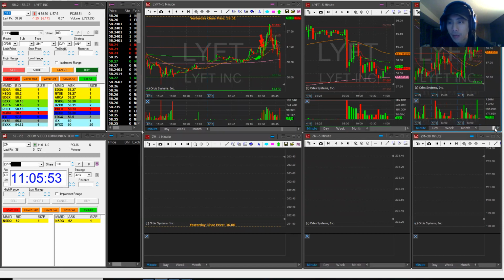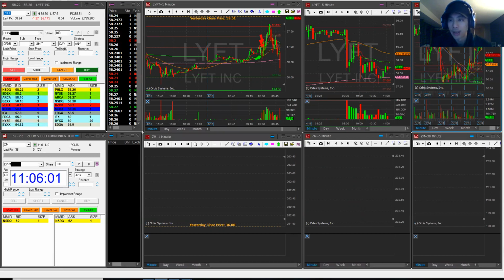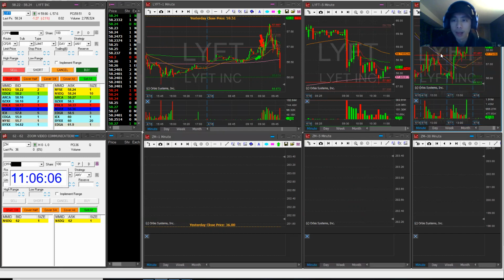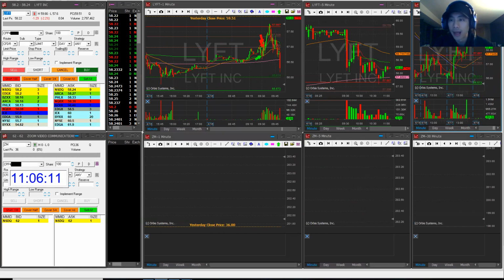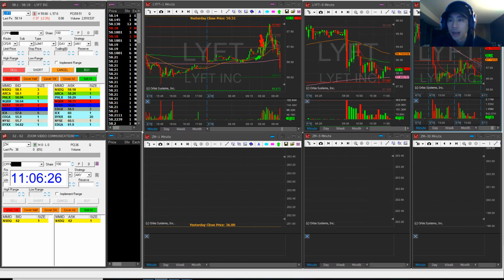As you can see, I already have the support and resistance lines drawn on my charts here. These drawings have been on since I've been trading Lyft. Okay, now basically I just load them, and the thesis of Lyft on the 16th that day was that I had these lines drawn, and it made a big dump on the 15th, and then I was looking for a continuation on the 16th, because I had this trend line mapped out.